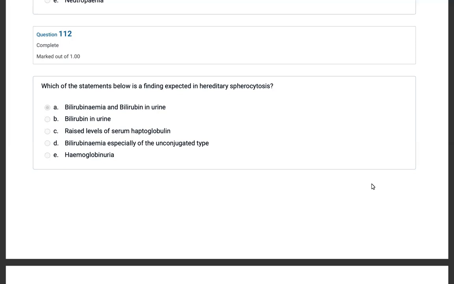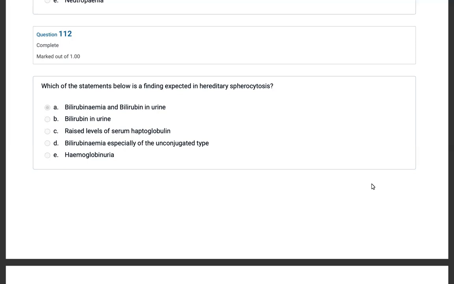And about the raised levels of haptoglobin, you're going to have a decrease. Hemolytic anemia normally results in a decrease in haptoglobin. For choice E, hemoglobinuria: if you see hemoglobinuria and hemosiderinuria, you're thinking of an intravascular type of hemolysis.